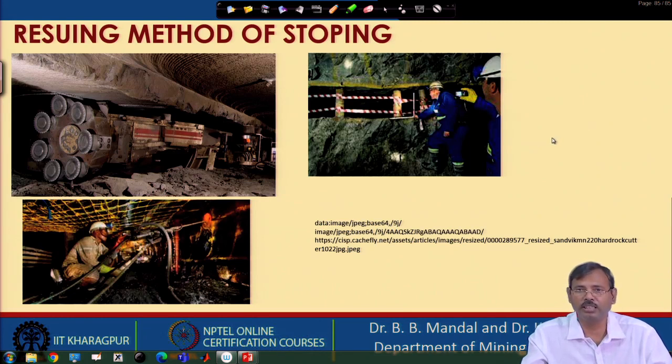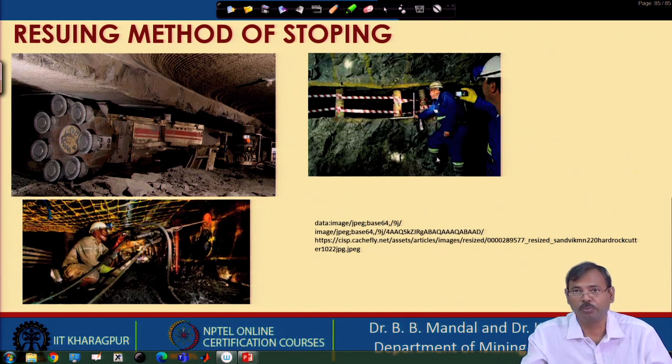because as the vein thickness is less, that means the deposit is not significant enough. But narrow veins are generally mined where the ore is very valuable or the grade is very high, or the mineral is, say, gold. You can see this is a gold vein, this is also a gold vein.